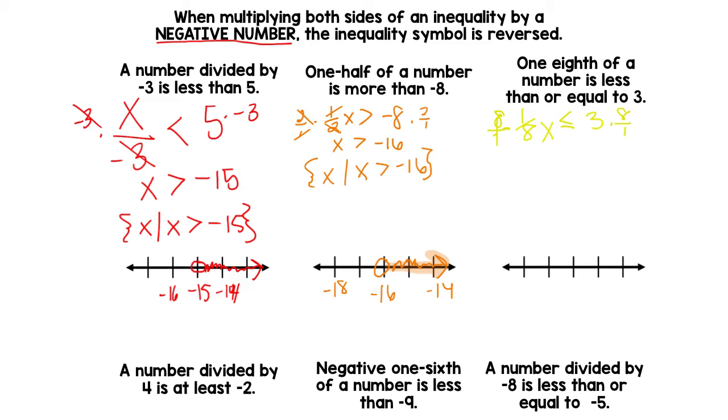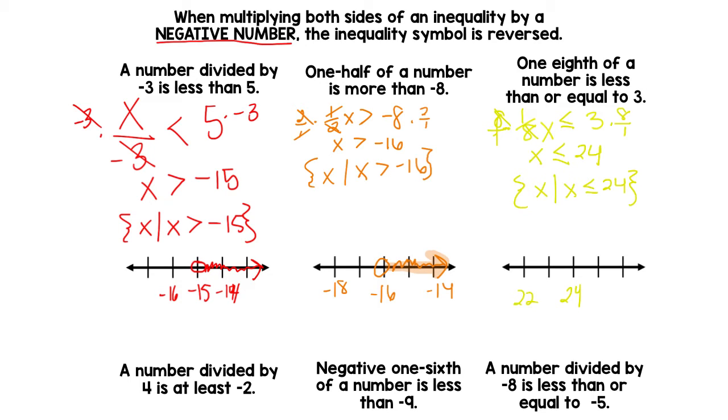So times 8/1 on both sides. 8's cancel, and we're left with x on the left. And that's less than or equal to 24. Solution set notation, x given that x is less than or equal to 24.